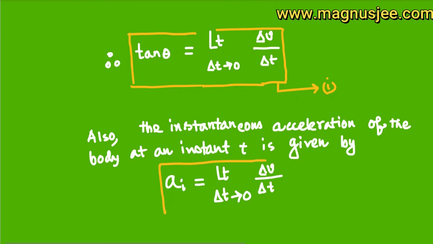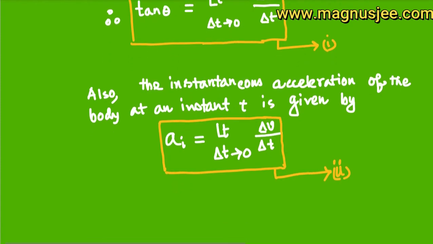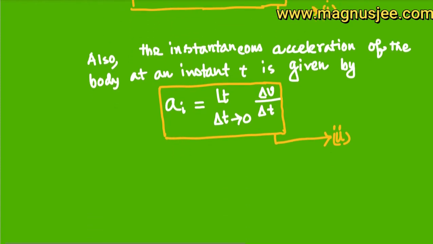That is the expression of instantaneous acceleration, the limiting value of average acceleration in a small interval of time. a_i equals limit delta t tends to 0, delta v by delta t, which is equation 2.